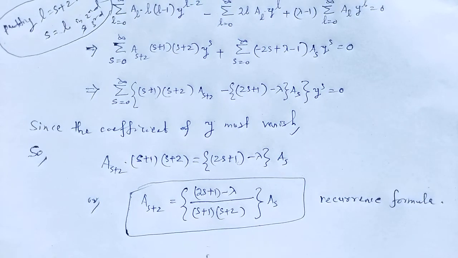As H must terminate after a finite number of terms, that is H reduces to Hermite polynomials, what happens at the nth term?